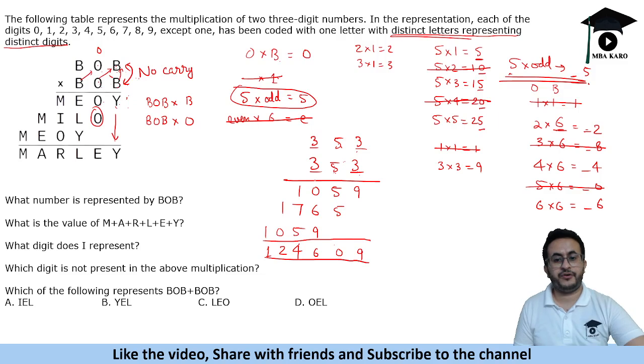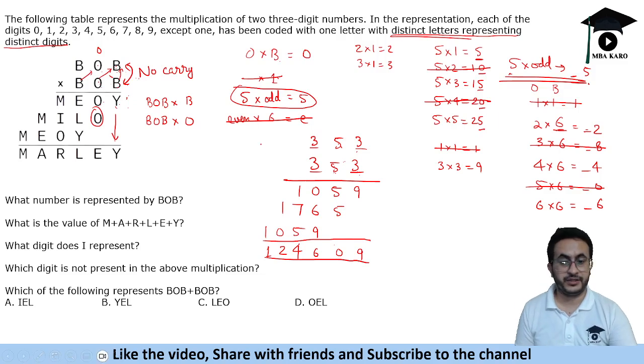So we can verify all the digits and see if everything matches. BOB is 353, and wherever O is used, it is representing 5 only. So that is correct.